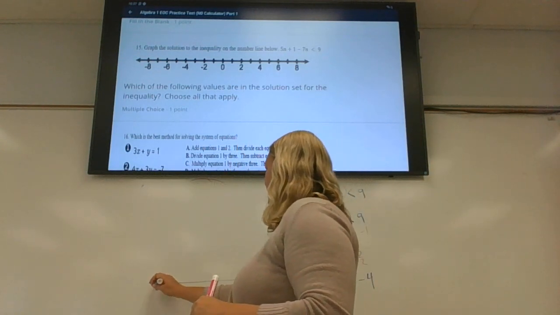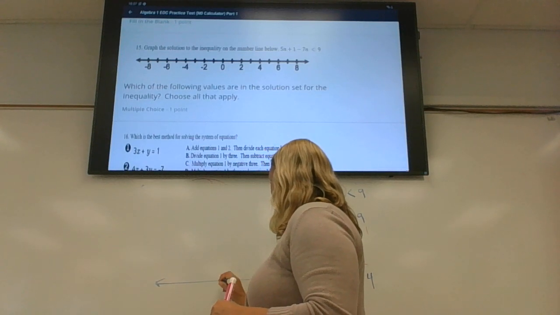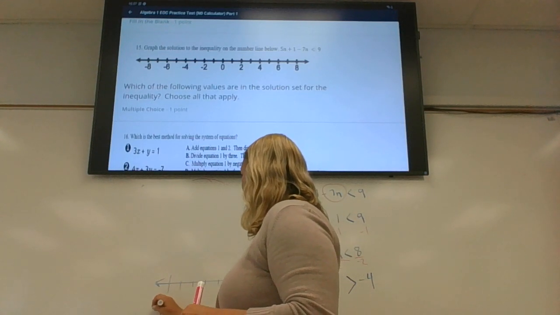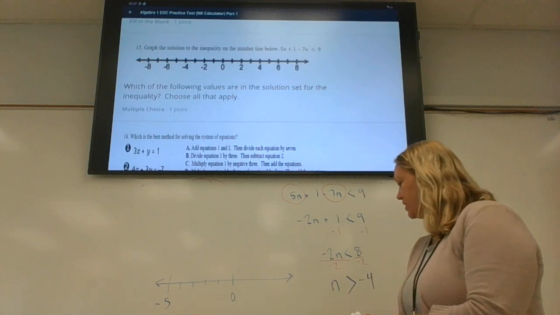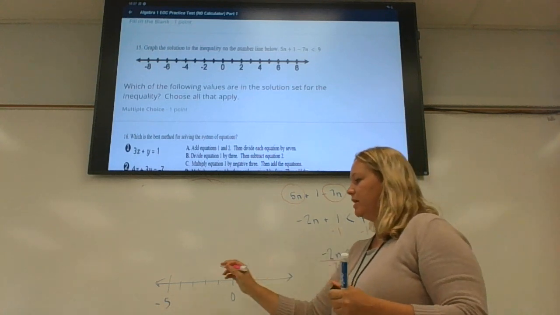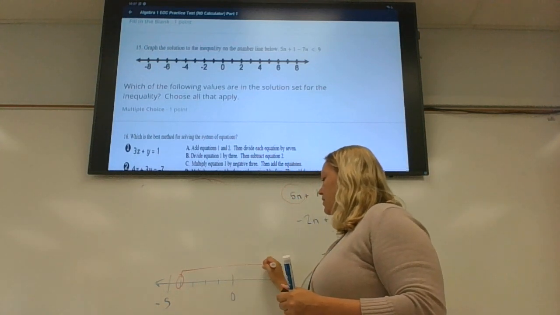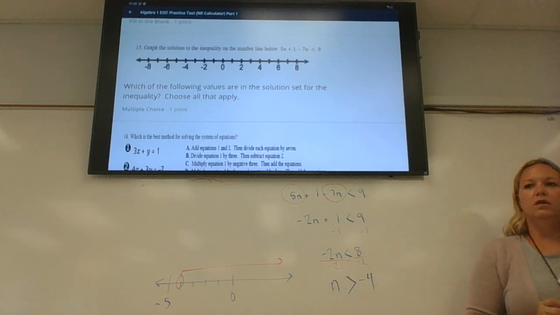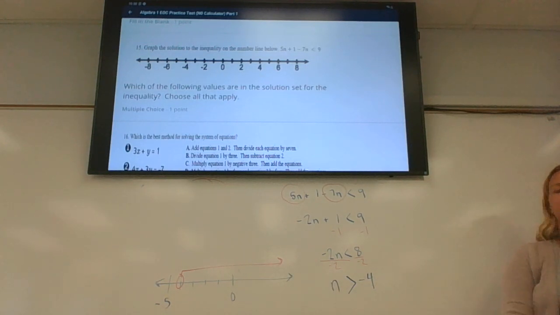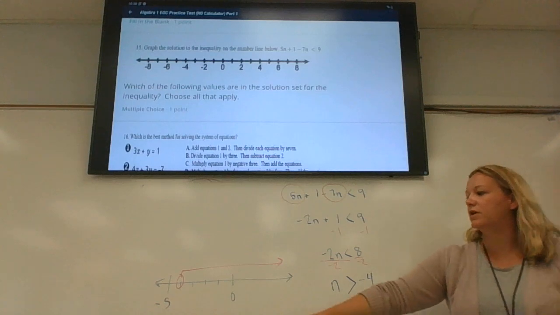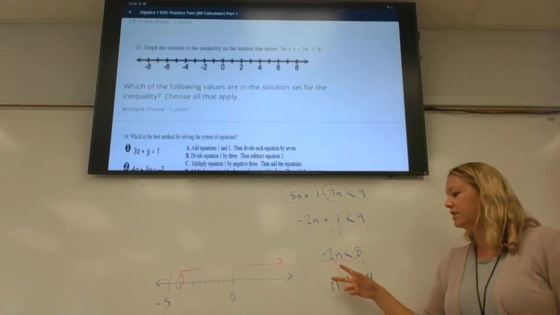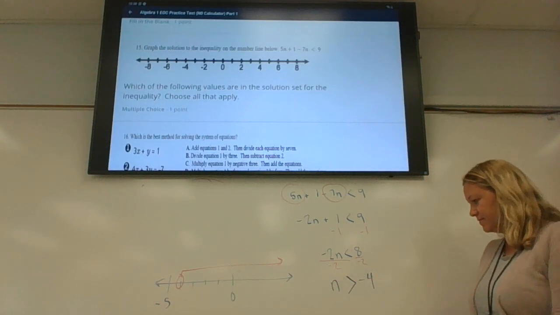Brooklyn, do you remember how to graph on a number line? So if I had to graph n greater than -4, it'd be an open circle going that way. So the solutions are anything that were here, and you got it wrong if you did not flip the symbol.